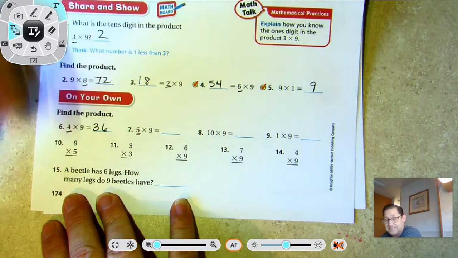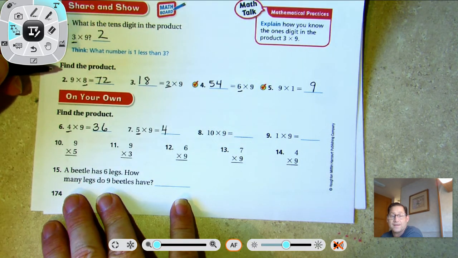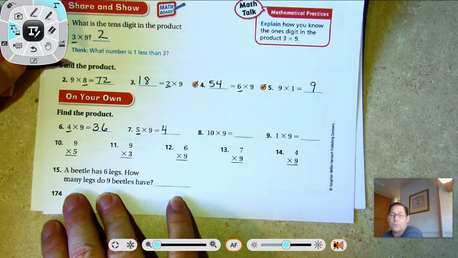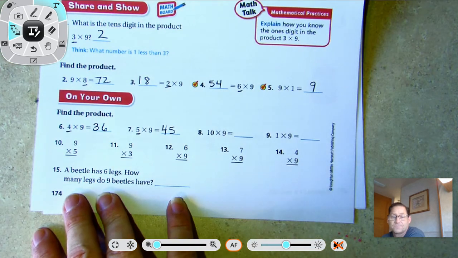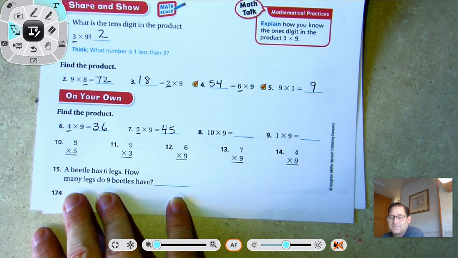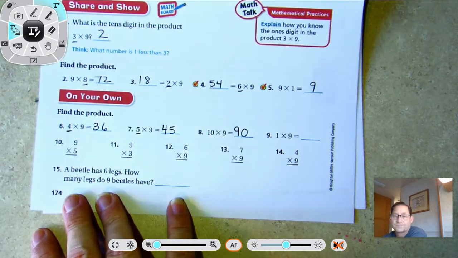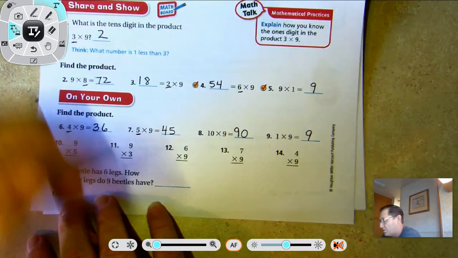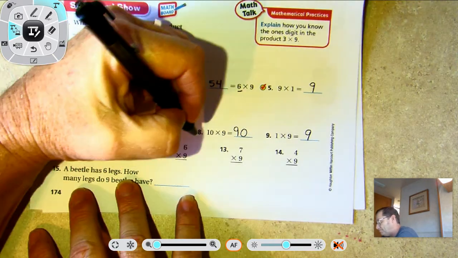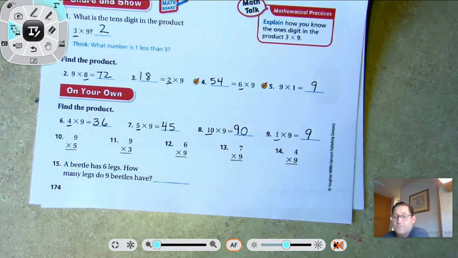The tens digit is 1 less than what I'm multiplying by, 4, and it has to add up to 9. 4 plus what is 9? 5. 45. 10 times 9, that's easy, that's 90. 1 times 9, that's easy, that's 9. So you notice the patterns is clearly a very easy method to use if you're not just going to memorize them.